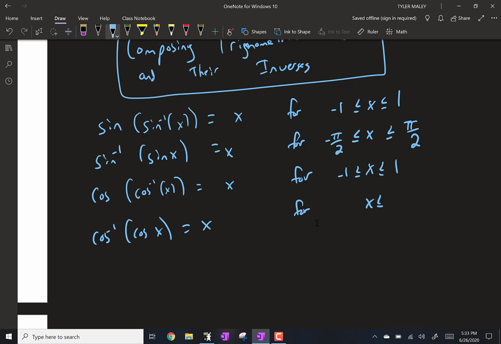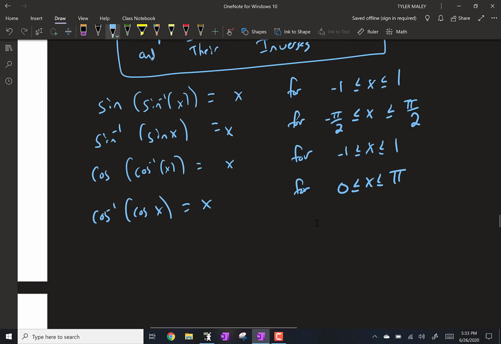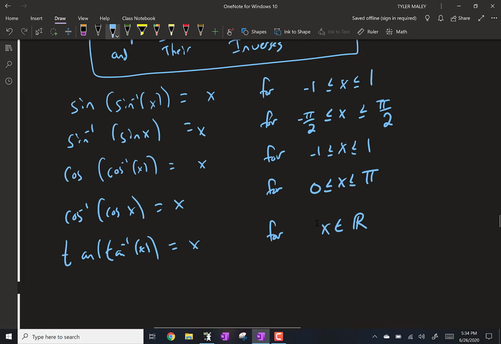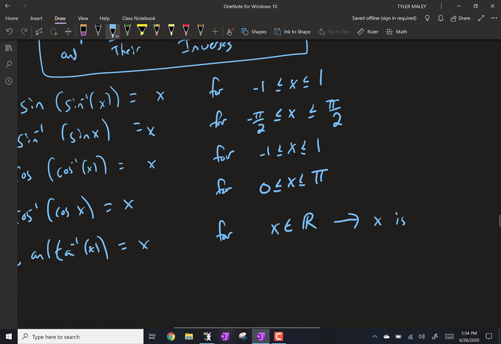Remember here we limited x to be between 0 and pi. And tangent of inverse tan of x is equal to x, where x could be any real number.